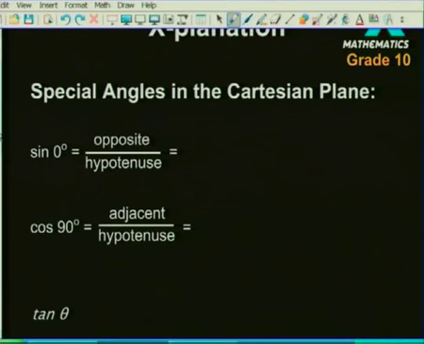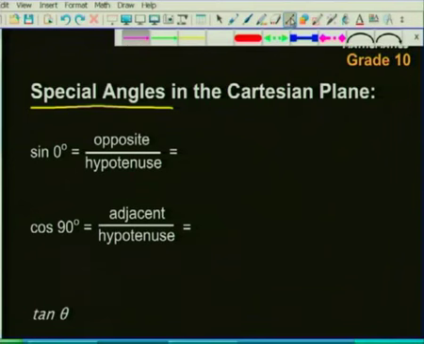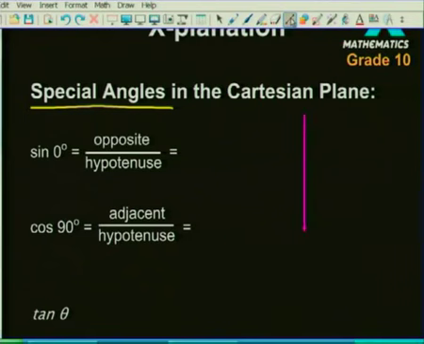Right, but before we do that, I'm going to just stop for a few seconds and talk about your special angles. You remember at the beginning I said to you, we're going to talk about special angles of 0 and 90 degrees. Now that's in light of the fact that we now have a Cartesian plane to explain it. So if we're looking at our axis, let me just pop it down here. Yeah, it should be fine in pink. Over here.